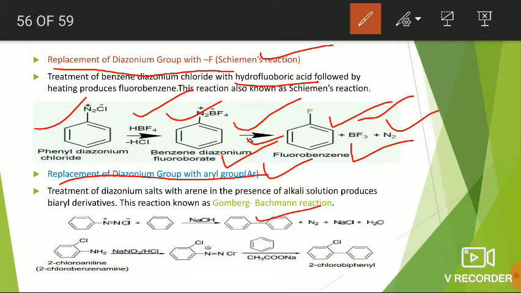This is also a special type of named reaction. This is generally known as the Gomberg-Bachmann reaction.